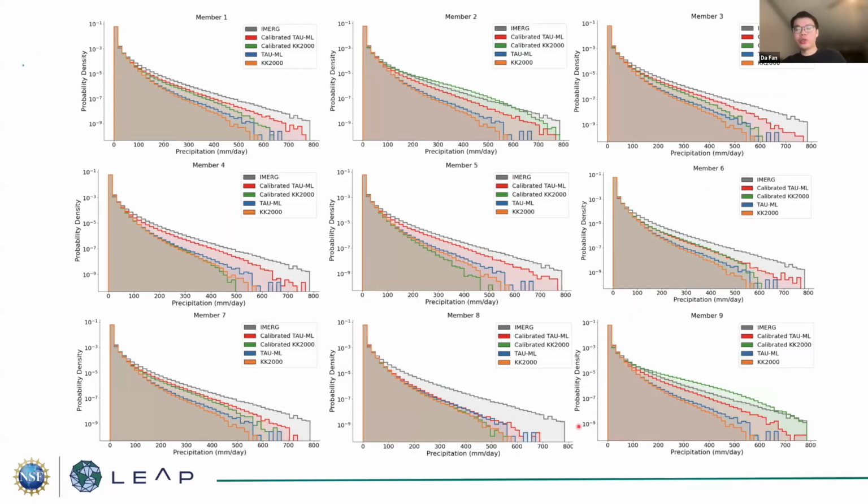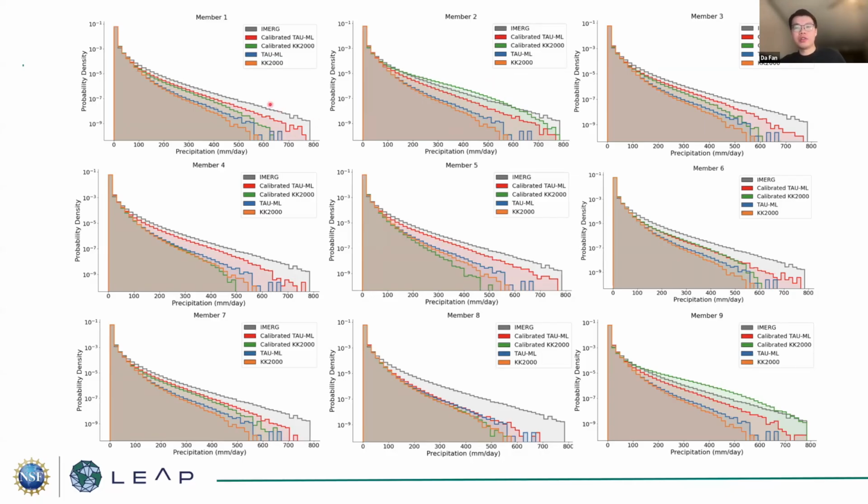So when I looked into the individual members, I found the reason. Here are the results for member 1 to member 9. We found large variability in the calibrated KK2000. You can see in member 2 and member 9, this calibrated KK2000 generates strong extreme precipitation that's comparable to the observations.